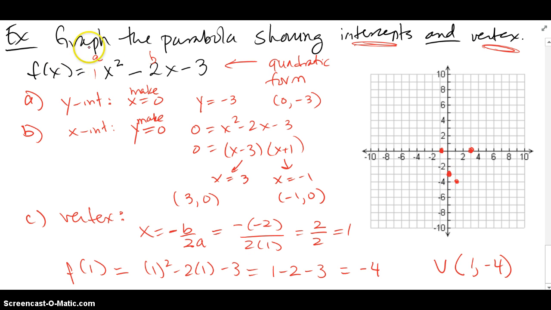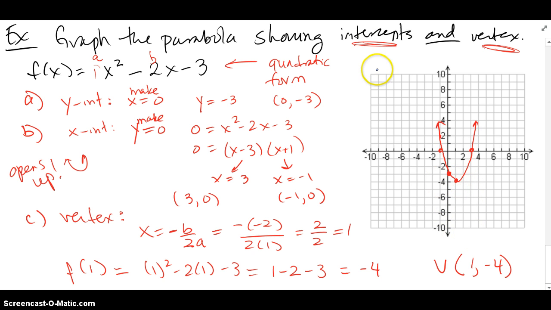And I also know that this parabola opens up because the leading coefficient a is positive. So from here, I'm just going to make my parabola go through those points and open up. So there's my parabola showing the intercepts, two x-intercepts, one y-intercept, and also the vertex clearly.